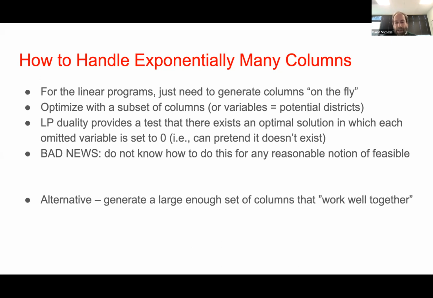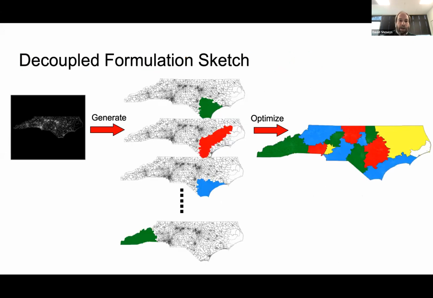So if, for example, in this formulation for congressional districting, I had a way of generating additional columns in an ad hoc way as I need them, then I'd be able to use standard technology. The bad news: I don't know how to do this. I don't know how to use a standard column generation approach to handle this particular formulation.